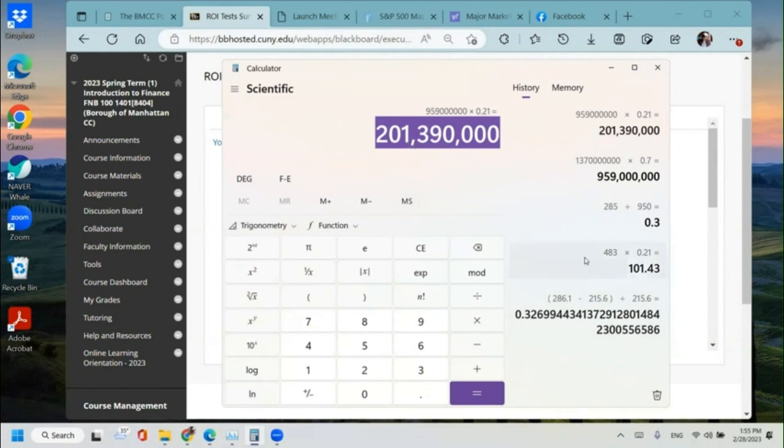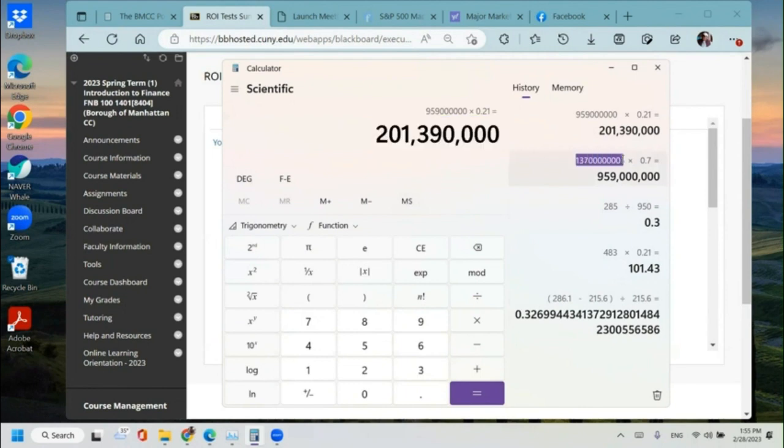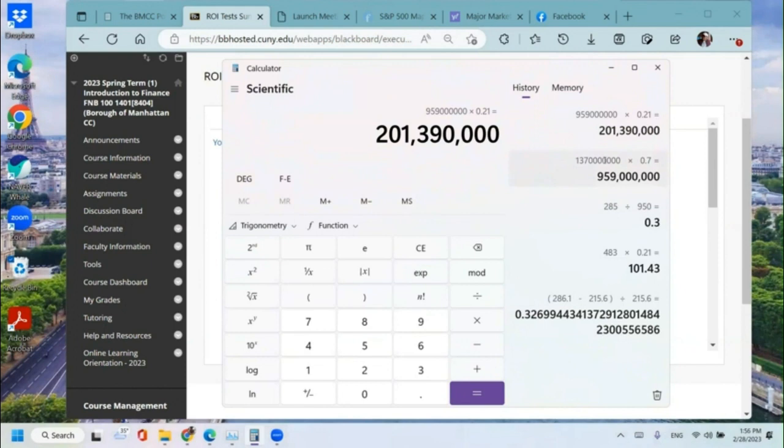But if you think about it, we came to this because this is the original number, 1.37 billion. This is right. 1.37 billion, right?